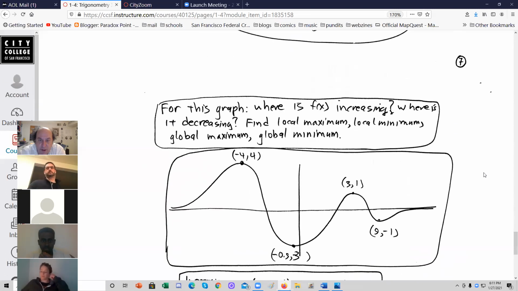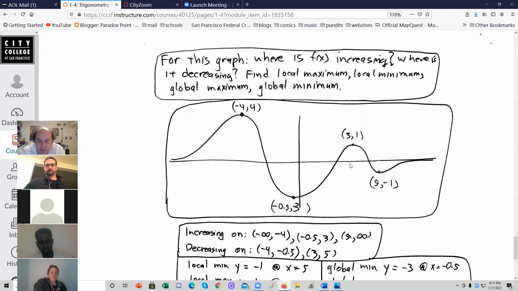Here we have a graph, and for which intervals is it increasing? Where is it decreasing? Find local minimum, local maximum, global maximum, global minimum. All right. It's increasing for these values of x, negative infinity to negative 4.